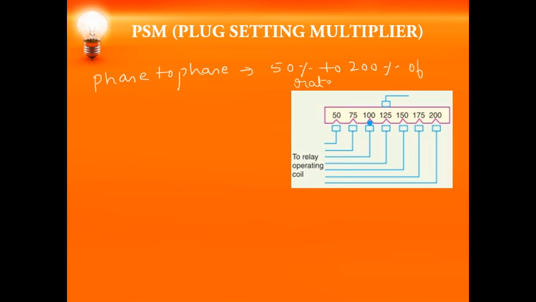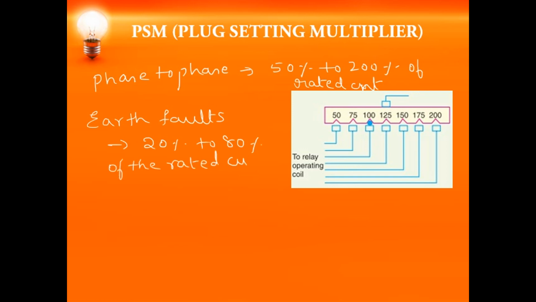That means whenever the current exceeds 50%, and in between 200% of the rated current, the relay is going to operate for phase-to-phase faults. For earth faults, it is set to 20% to 80% of the rated current in steps of 10%.